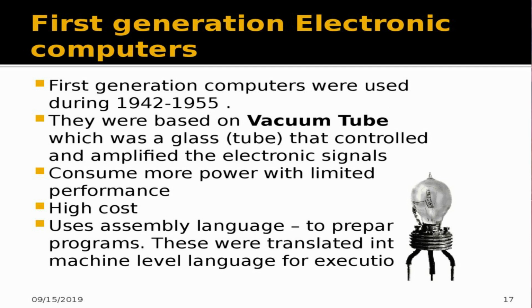The first generation computers were used during 1942 to 1955. They were based on the vacuum tube, which was a glass tube that controlled and amplified the electronic signal, consumed more power with limited performance.